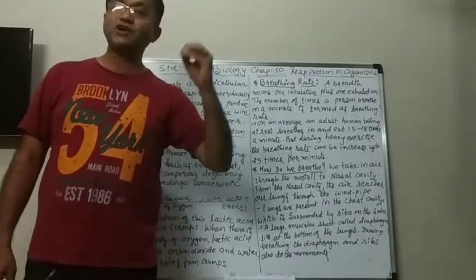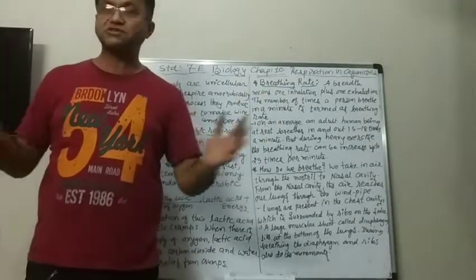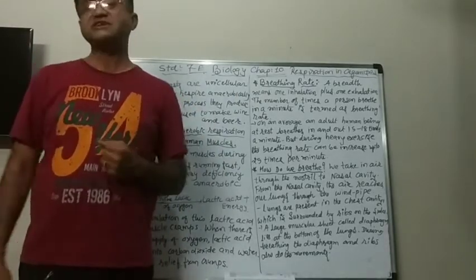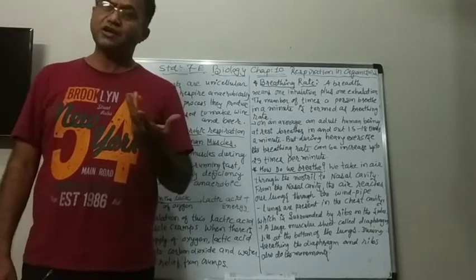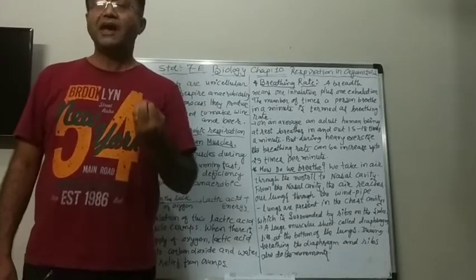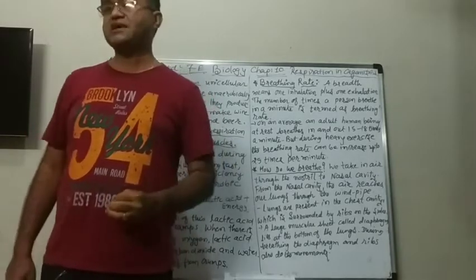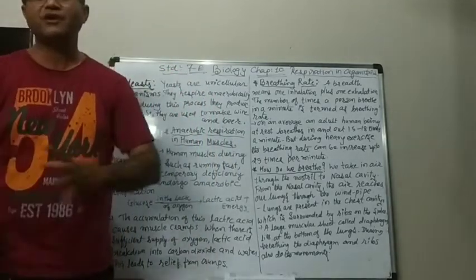Because of the accumulation of lactic acid in the muscle cells, and since acid is harmful, we get cramps for that time.